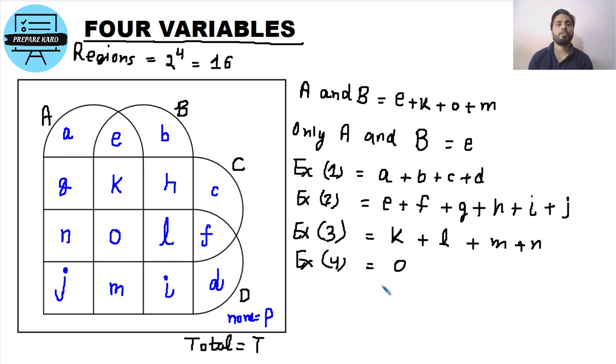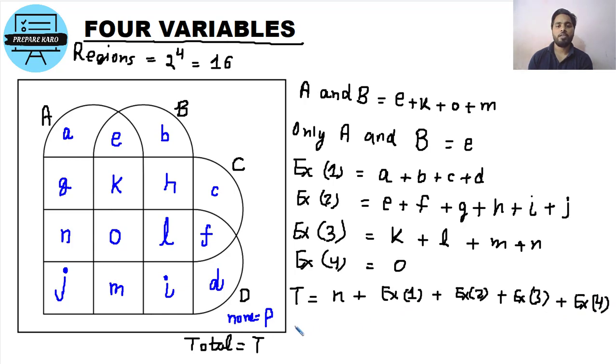This is not zero. Exactly four is O. Total is none plus exactly one plus exactly two plus exactly three plus exactly 4. This is total.